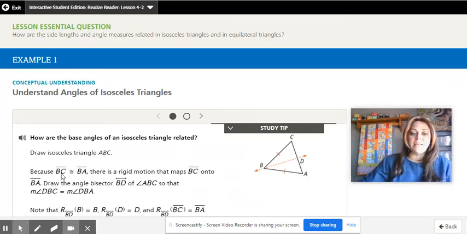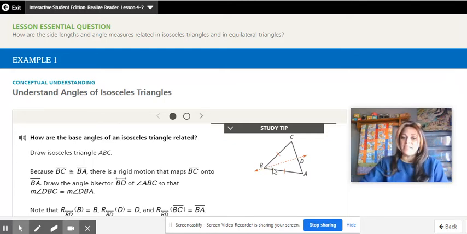So this says, because BC and BA are congruent, you can map using a line of reflection right here. And it even tells you that. And so this angle that's created, ABC, is being cut directly in half, or bisected.